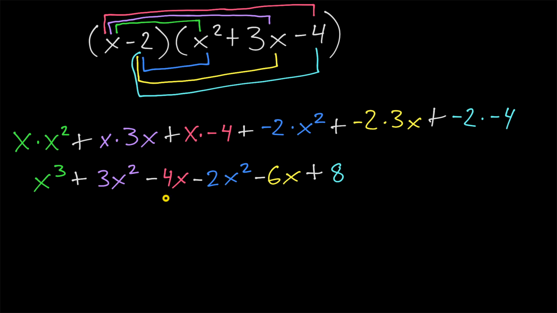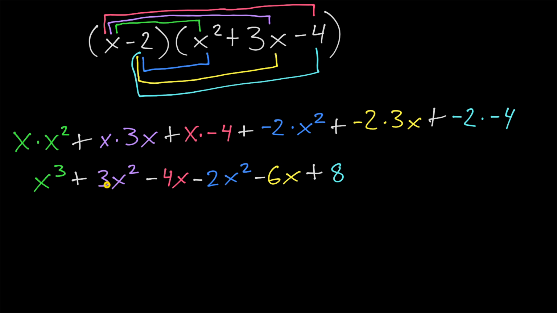The final thing we have to do is combine like terms. So let's see how many terms in here have an x cubed, x to the 3. This one has it, and none of the others do. So this x cubed cannot be combined with any of the remaining terms. Let's see how many terms have an x squared.